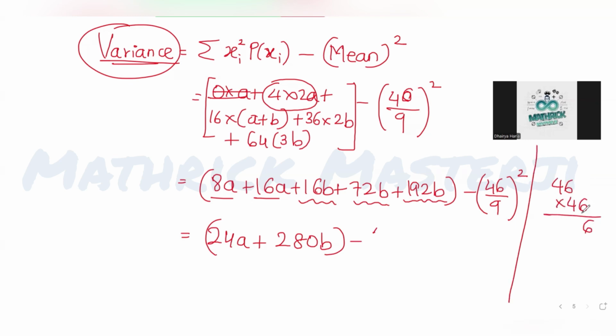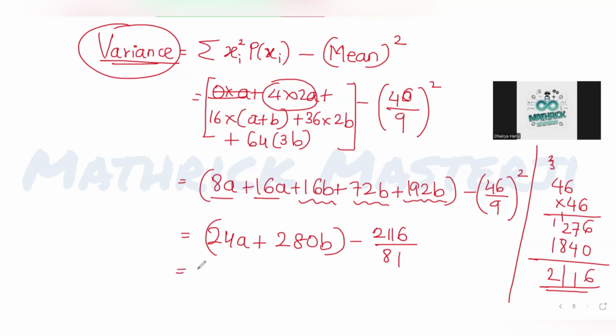If I square 46, 6 times 6 is 36, 6 times 4 is 24, and so on, I get 2116 over 81.